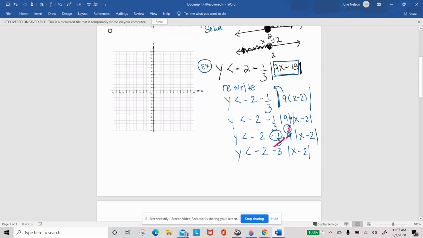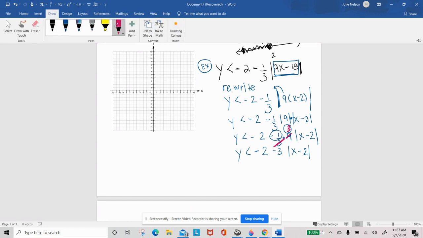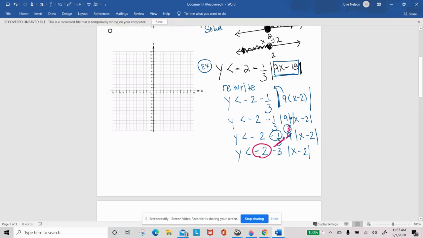Now, usually we don't have the number in front. Usually we have the number behind the absolute value. So you see that constant -2. Usually that goes behind. So we would write this as y is less than -3 times the absolute value of x minus 2 minus 2.